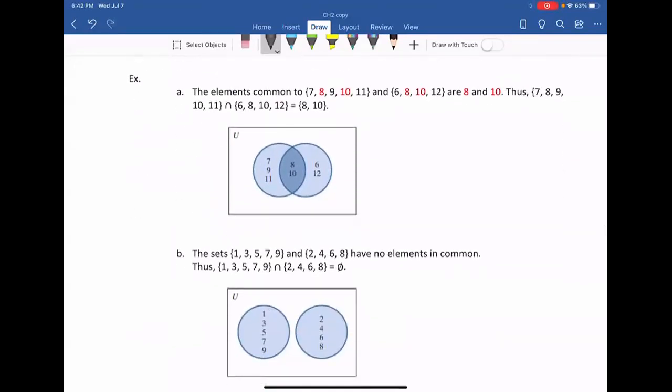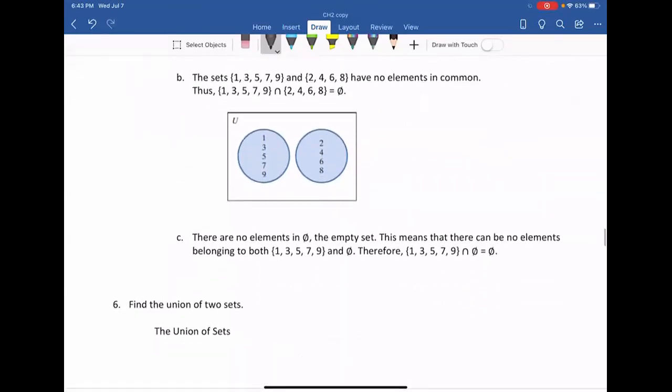So let's see the example. The elements common to this set and this set are 8 and 10, because 8 and 10 are common in these two sets. So the intersection of these two sets is the set 8, 10. We can use a Venn diagram to express it.